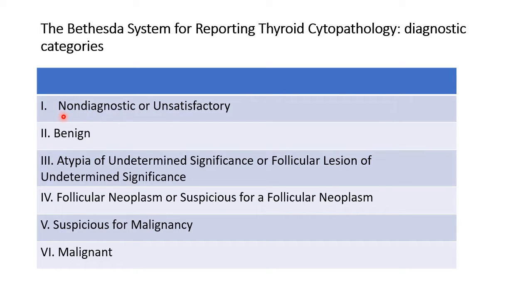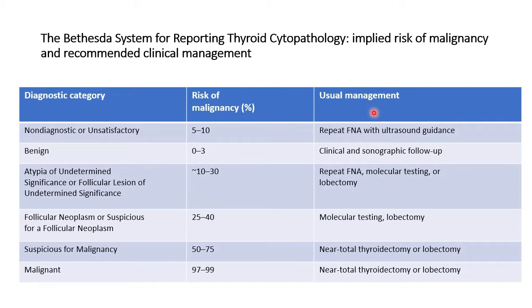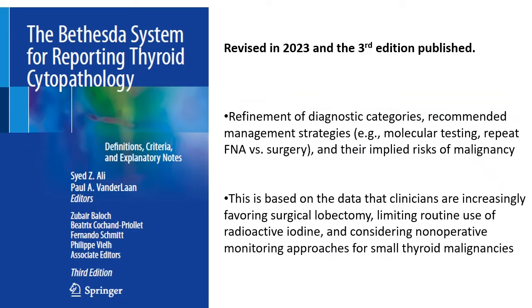That is, category 1 was non-diagnostic or unsatisfactory, and any lab could choose any one of these names for practice. Similarly, category 3 had 2 names, AUS or FLUS, and category 4 had 2 names, follicular neoplasm or suspicious for follicular neoplasm. Each of these categories had an implied cancer risk that was linked to an evidence-based management guideline.